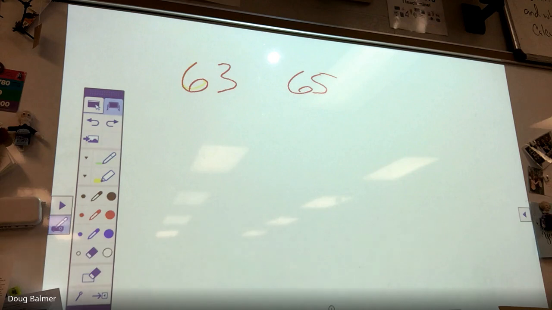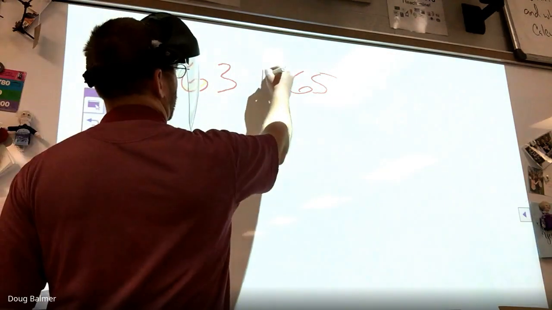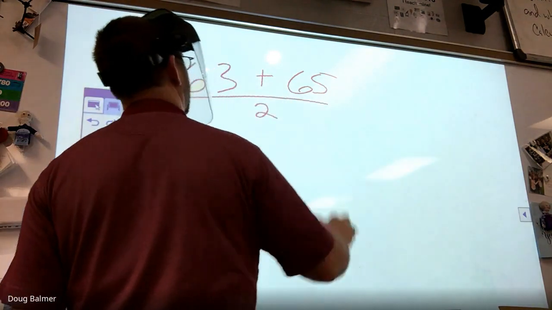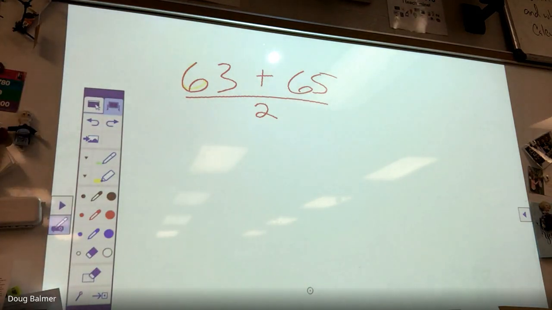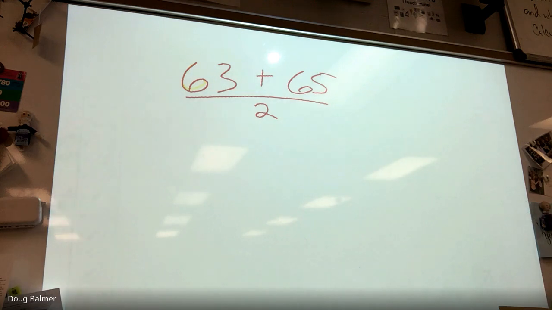You add and divide by 2, right? Seems reasonable. From your math class, what's another way of writing divide by 2? Yeah, multiplying by 1/2.